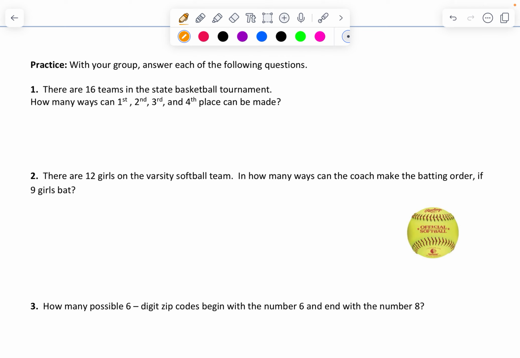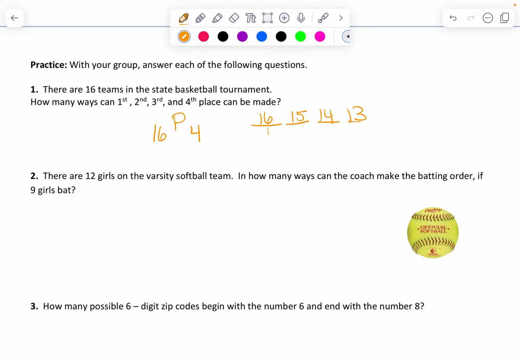Welcome back. Okay, so let's look at what answers we should have gotten here. There are 16 teams in the state basketball tournament. How many ways can the first, second, third, and fourth place team places be made? So if you use permutations, you have 16, permutation 4, or you had a 16, then a 15, then a 14, then a 13.